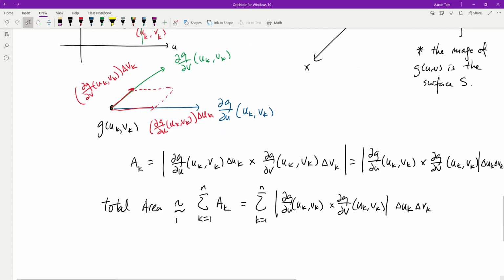And if that gives me an approximation of the total area, I can then say the total area should equal the limit as n approaches infinity of this summation.